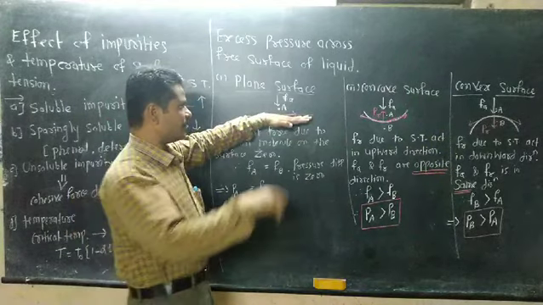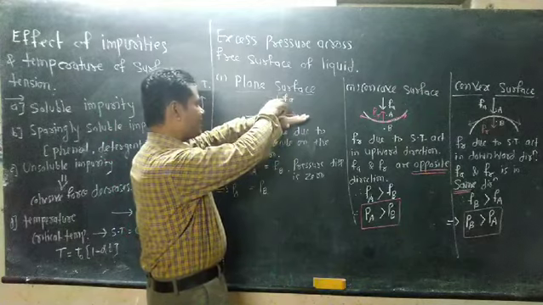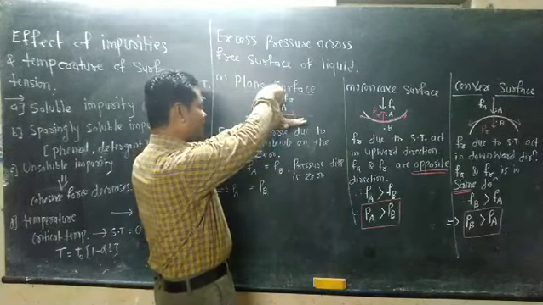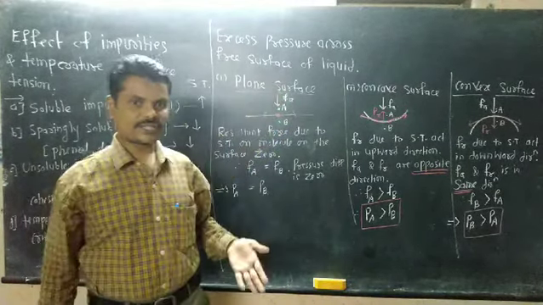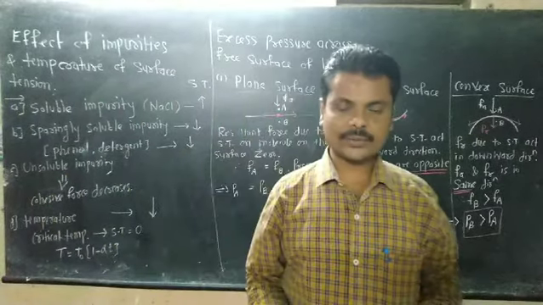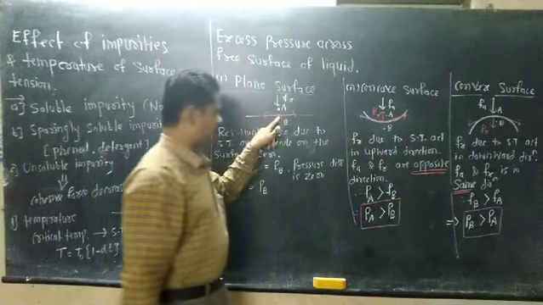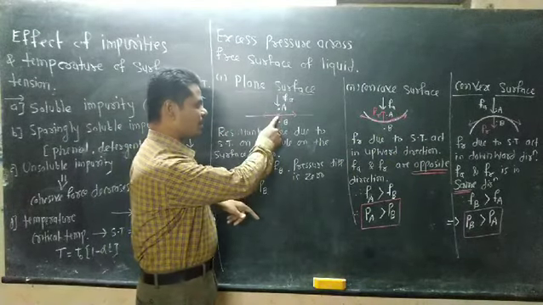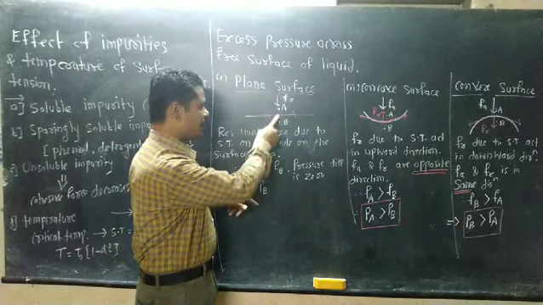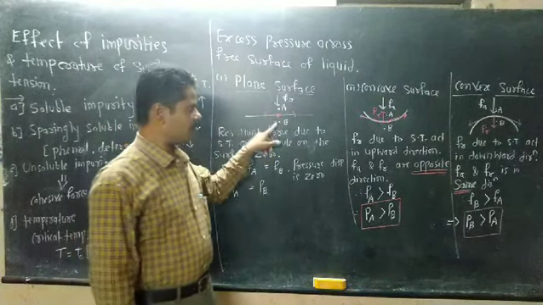You check on this upper surface, the force acting on that molecule is the atmospheric force, atmospheric pressure. Okay, pressure is equal to force upon area, therefore force is equal to pressure into area. Here, this is the molecule on the surface, and A and B are the points just outside and inside the liquid surface.